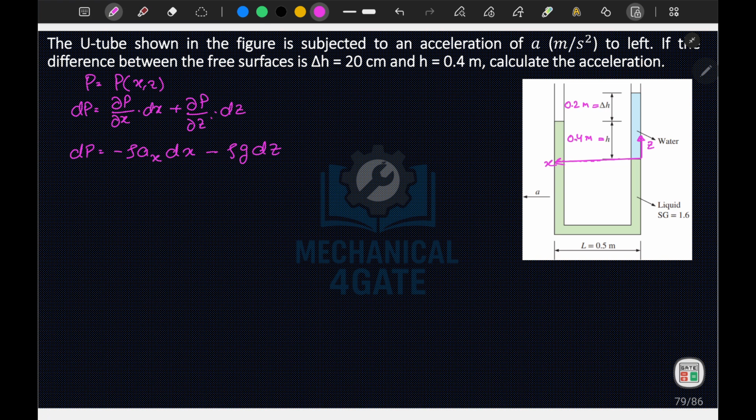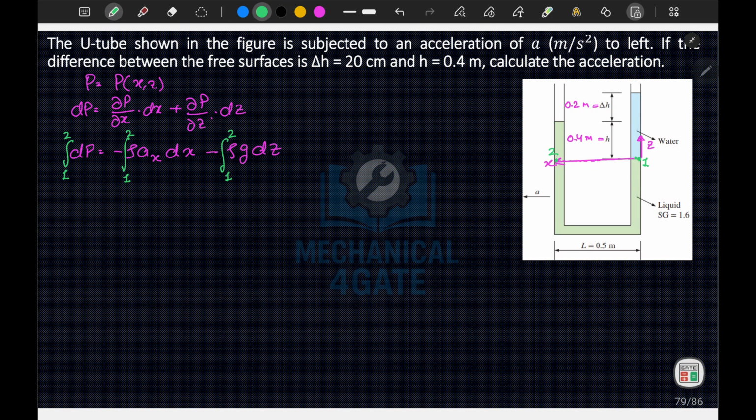Now let's say that this point here is point 1 and this point here is point 2. So let's integrate this equation from 1 to 2, and both point 1 and 2 are in the liquid only.